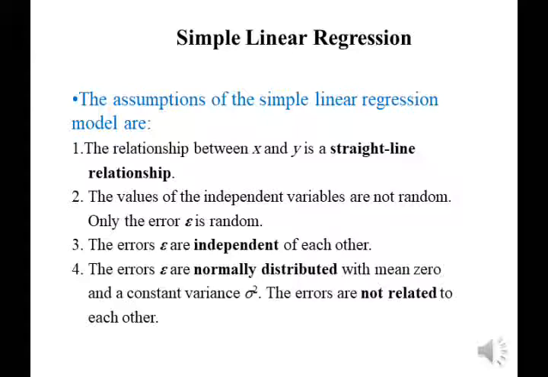The only values that change are the errors. So the errors are the random values. According to the values of the errors, we do the residual plot and check for the different assumptions. So the errors are random variables that are independent, normally distributed with a mean of 0, and they have constant variance.